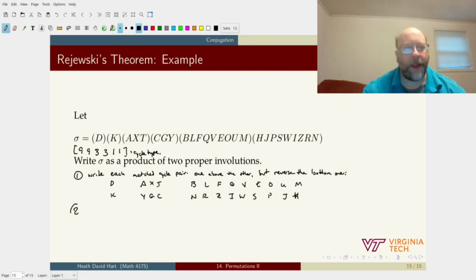And now we're going to write the permutations, the involutions here. The first one's easy. Alpha, we're just going to go straight down.